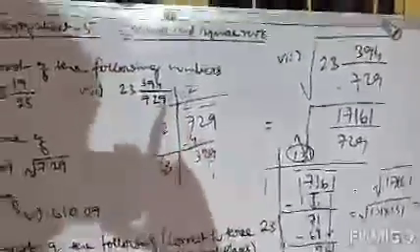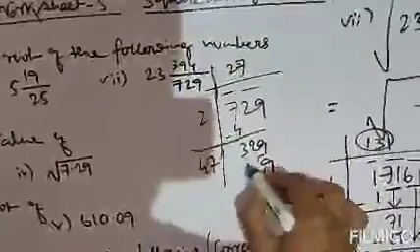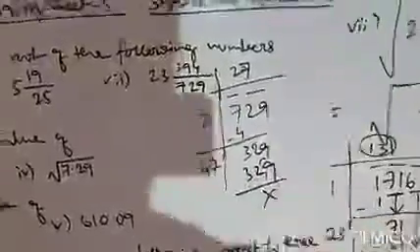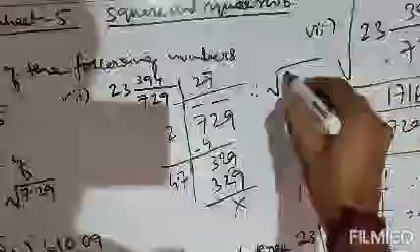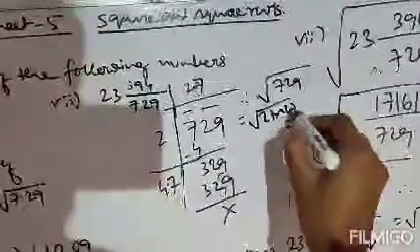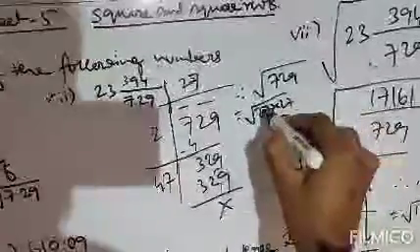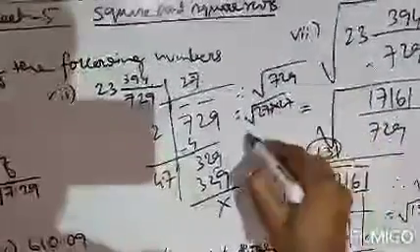So 729, this will be 7. Therefore 7. That means 7 7s are 49, 7 4s are 28, and 32. This is 27. Therefore the square root of 729 will be 27 into 27. This is 27.